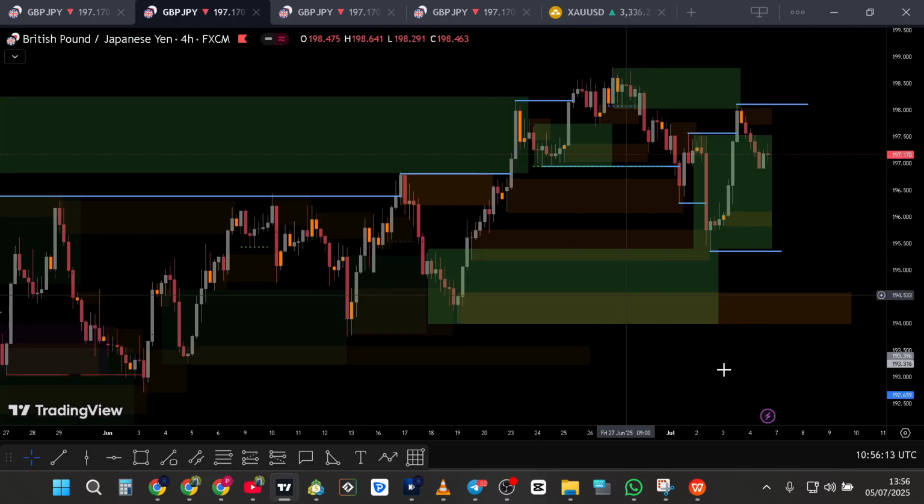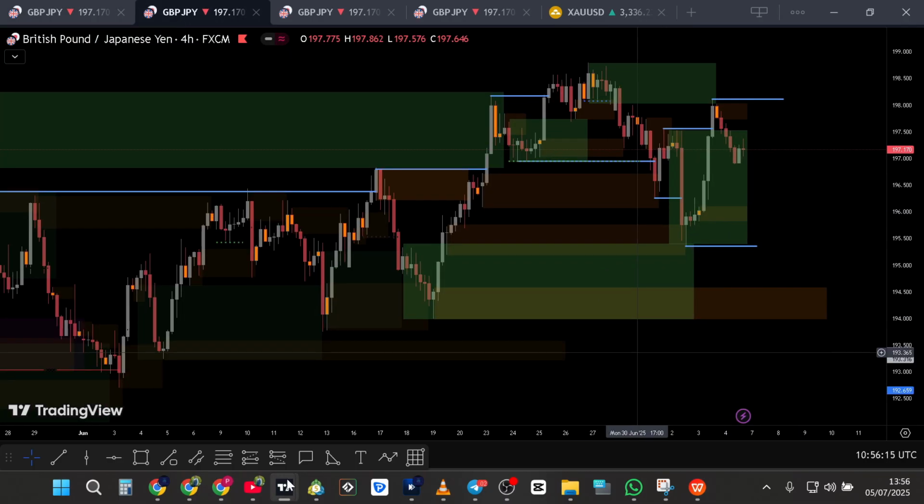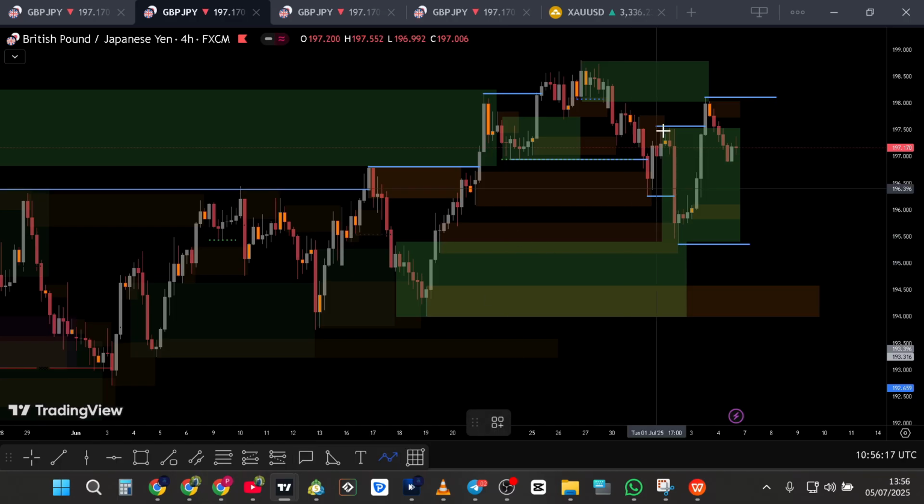4 hour. Now 4 hour is tricky because as you can see, we've had that high breaking this low, giving us the idea of continuing to the downside, but we still had another high broken. So that means price could be telling us I'm changing direction and I just want to go up.